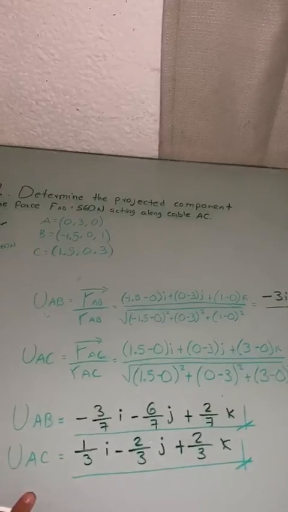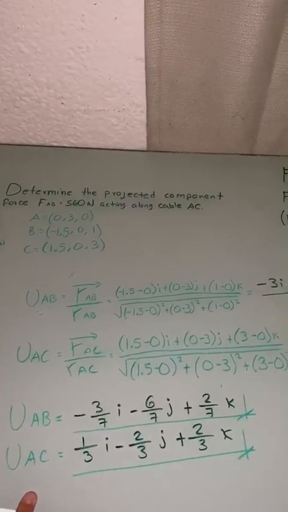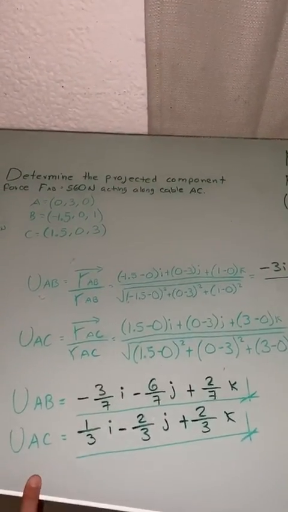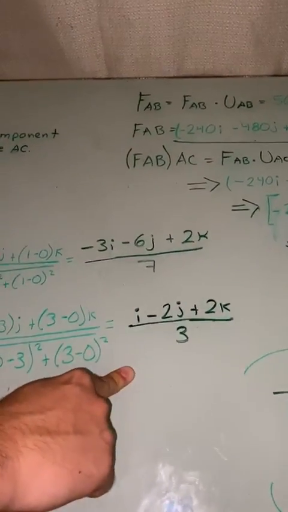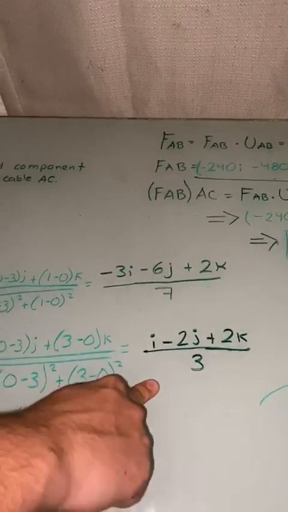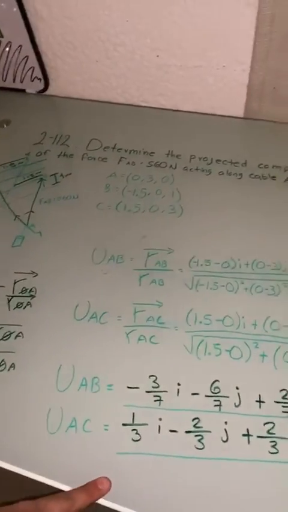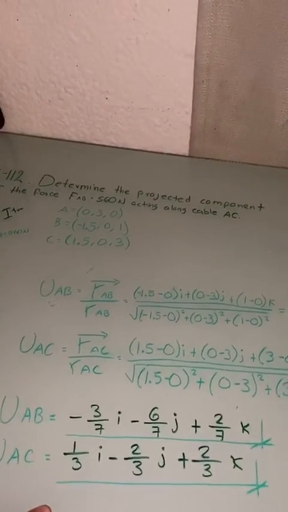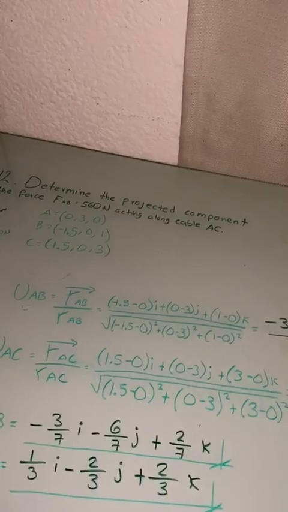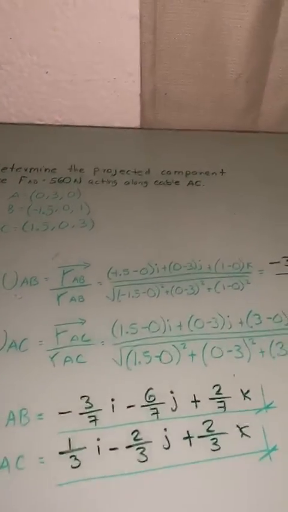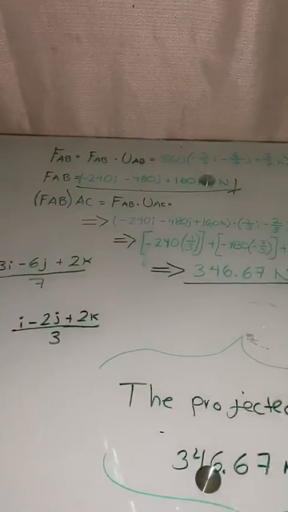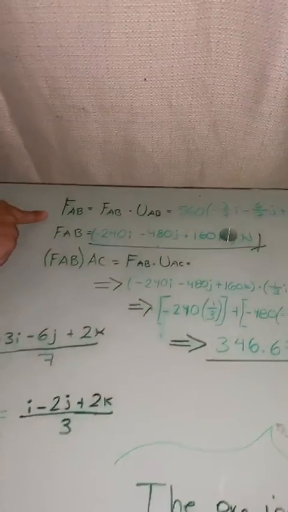This answer is first this, and this answer is equal to this in the Cartesian vector. We'll multiply the force AB.